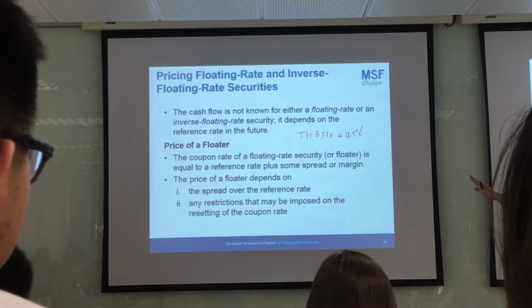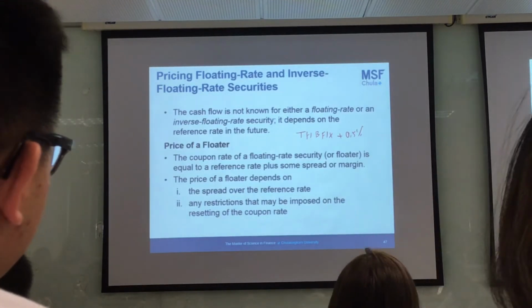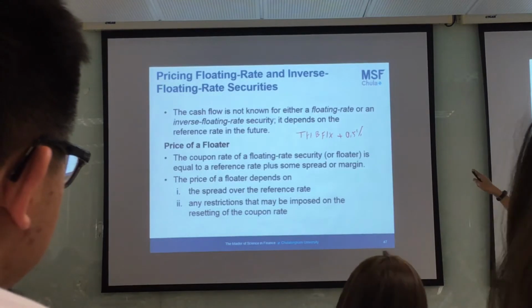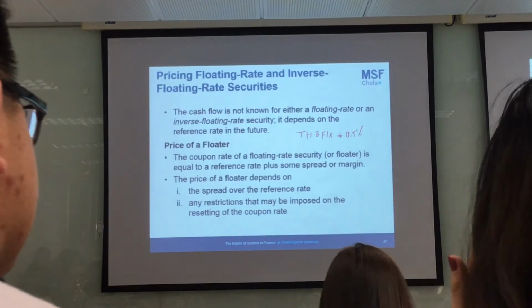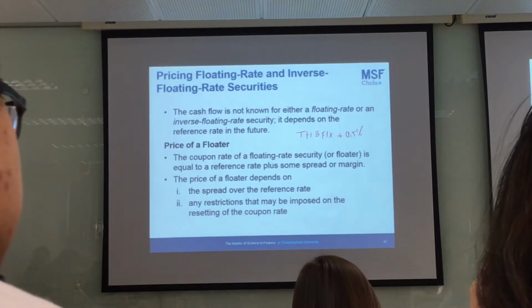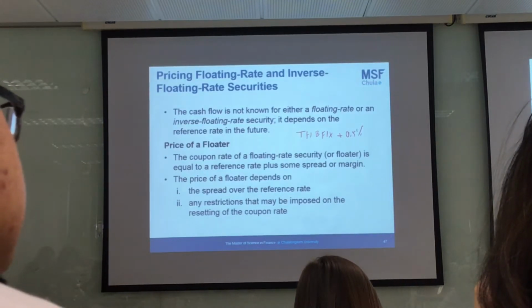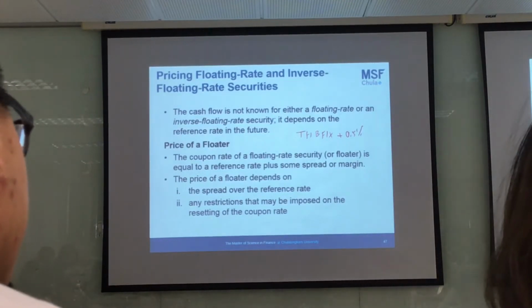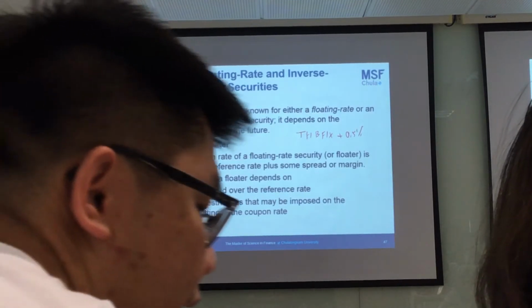But for the floating rate, no. You can see that this bond pays a coupon based on the market. When the market rate increases, this bond will pay a coupon that increases too. It adjusts to reflect the movement of the market interest rate.